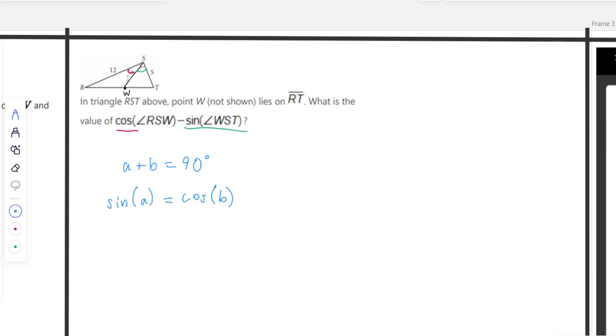So sine of this red angle and the cosine of the green angle should be equivalent, because angle RSW and WST add up to 90 degrees.